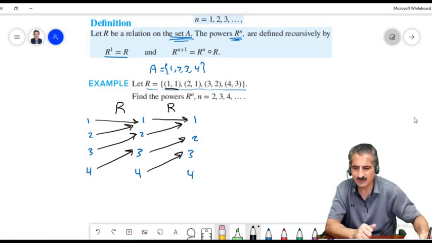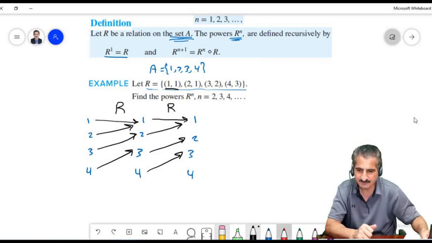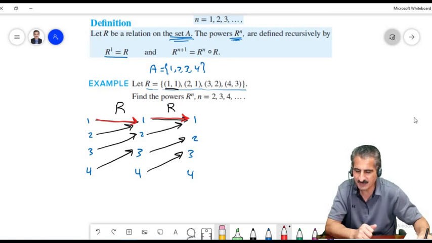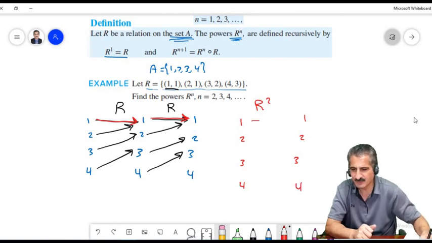Now to compute R square, we will follow the paths. So here is a path. 1 goes to 1, and then this one goes to 1. So R square will just start from A to A itself. So it sends 1 to 1.